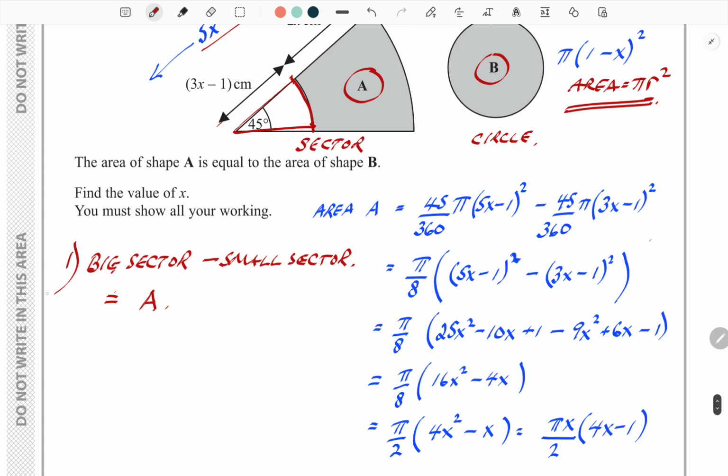The other thing to watch out for, remember that the area of a sector equals the angle at the center, call it x degrees, divided by 360 times pi r squared. This is effectively the fraction of the circle.